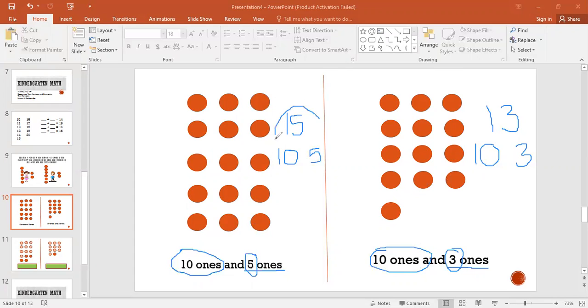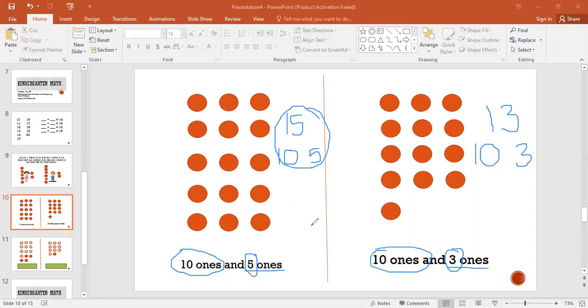Part number 1 has more pennies because 5 is greater than 3. Say that with me. 5 is greater than 3. Great job. So I know 15 is greater than 13. Part 1 has 15 pennies and part 2 has 13 pennies. 15 is more than 13. Great job, guys.